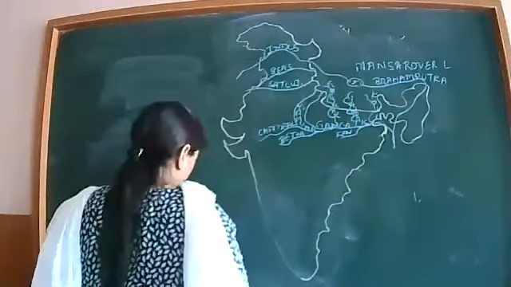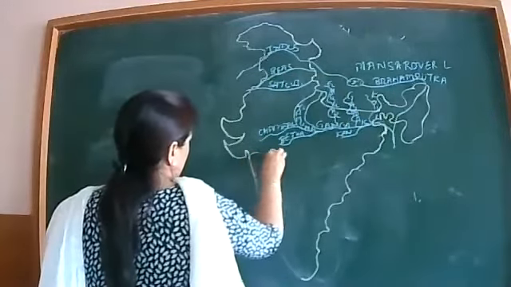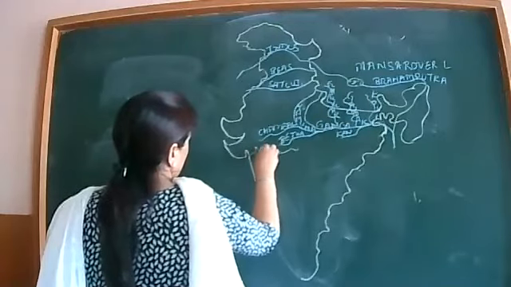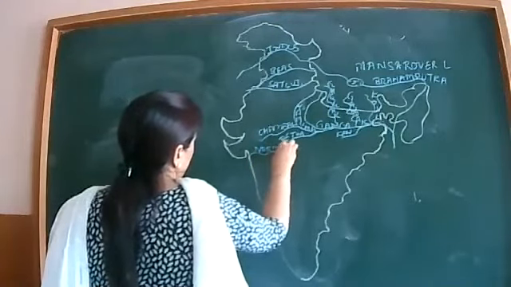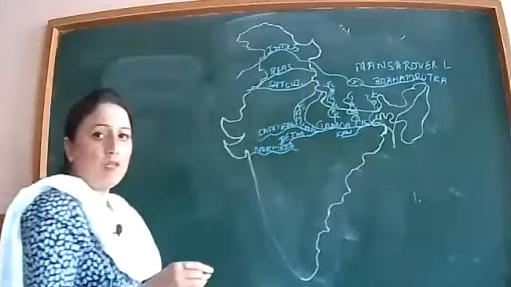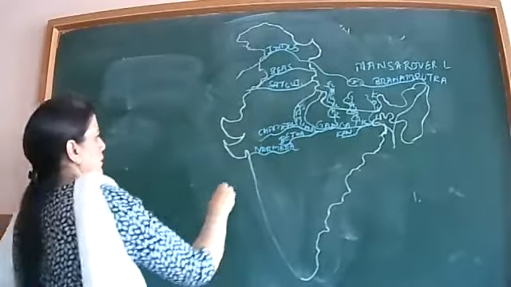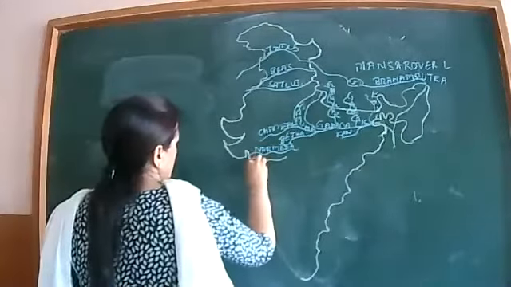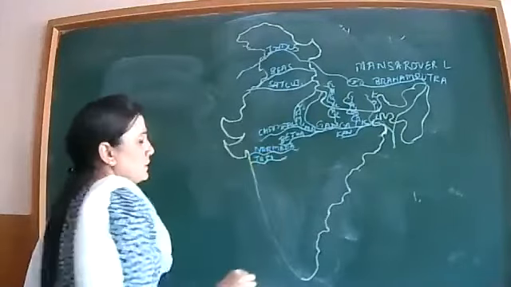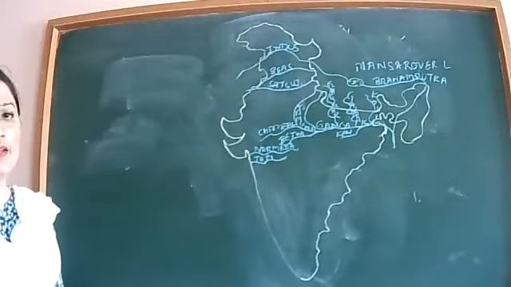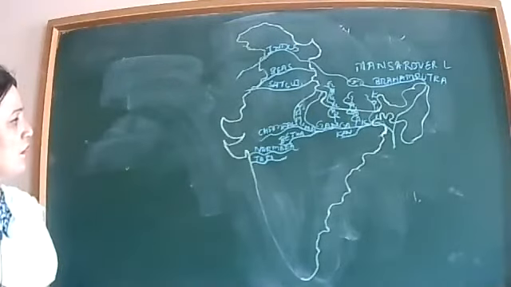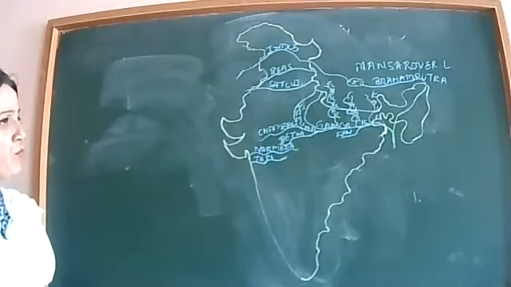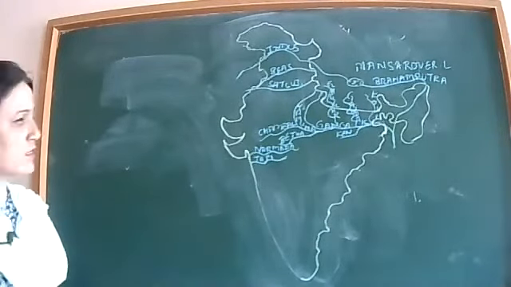It's approximately here. This is river Narmada. And below that we have river Tapi. This is river Tapi, Narmada and Tapi.